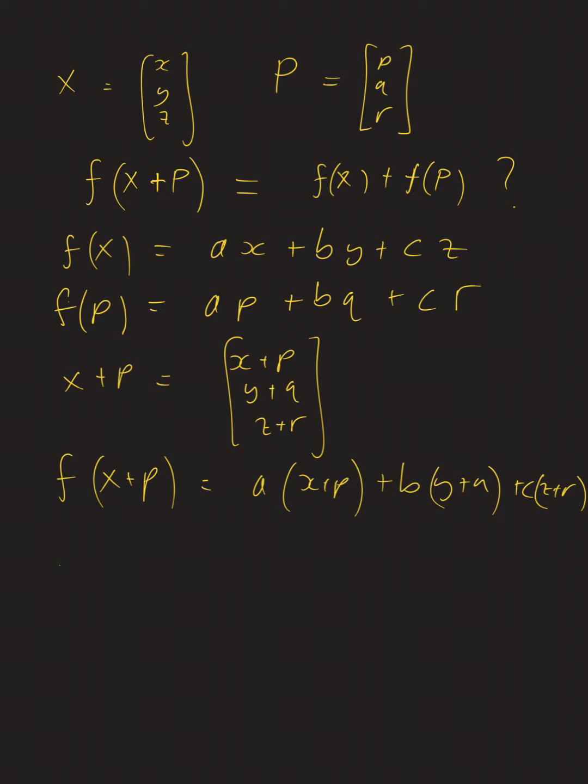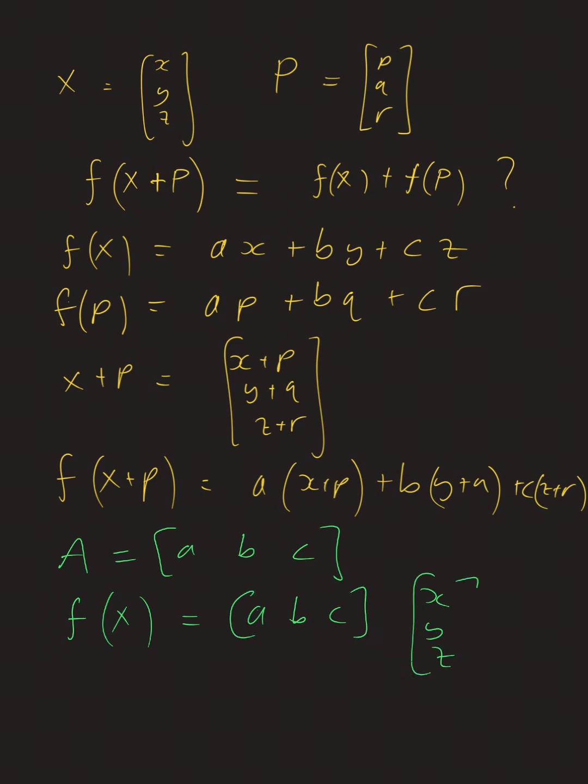So let's say I let A equal A, B, C, a 1 by 3 matrix. Now, f of x is just equal to ABC times XYZ.